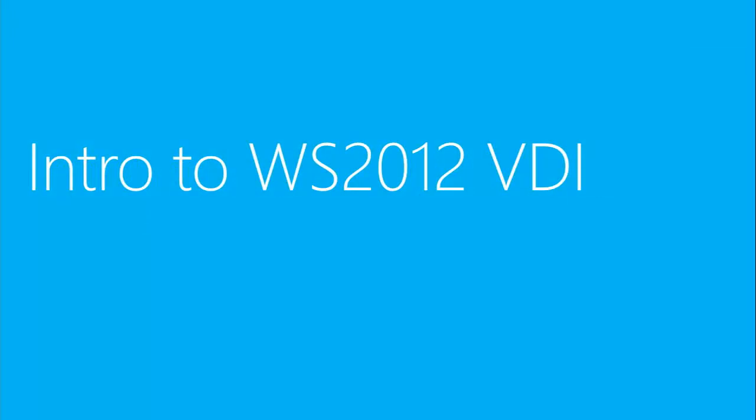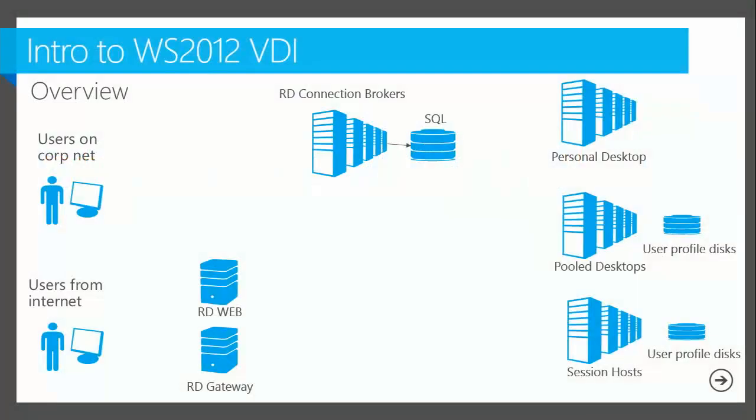So a quick intro to Windows 2012 VDI. On the right side, we have hypervisors that are hosting personal desktops and pooled desktops with what we call a user profile disk, which holds the user profile, and sessions. This is the traditional RDSH, TS.